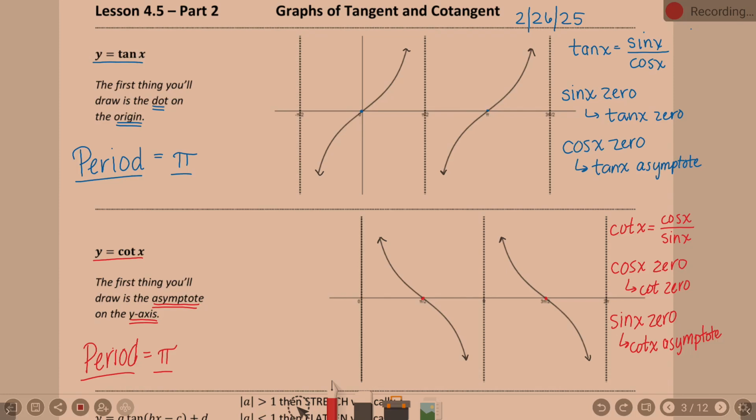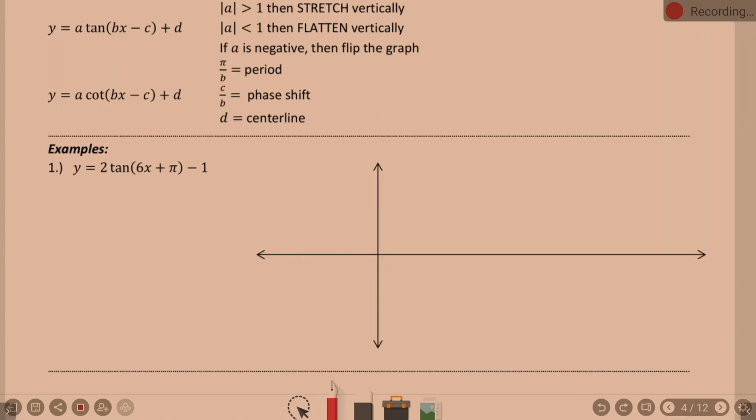You'll notice the next thing on the paper. Okay, y equals a times tangent of bx minus c plus d. Do those pieces sound familiar? Same thing we had with sine and cosine. Now, with that in mind, a lot of pieces are going to be the same, but there are some tweaks. First of all, normally we talk about A being the amplitude.